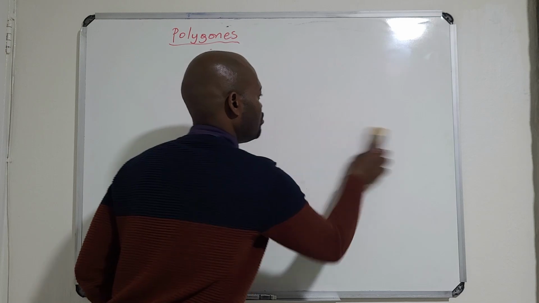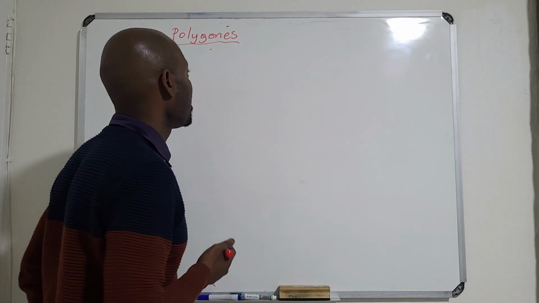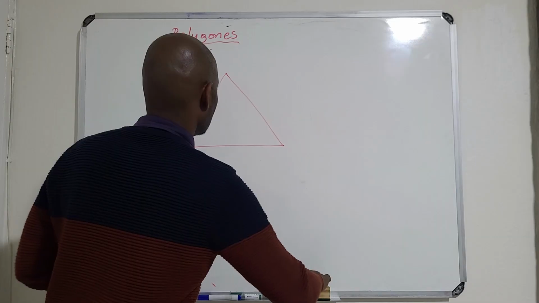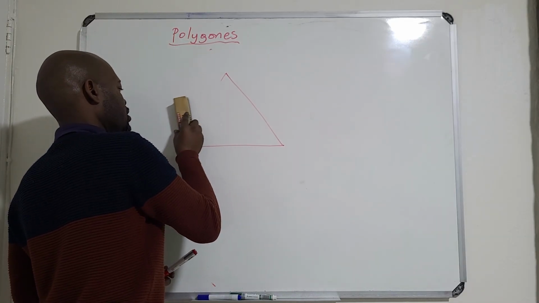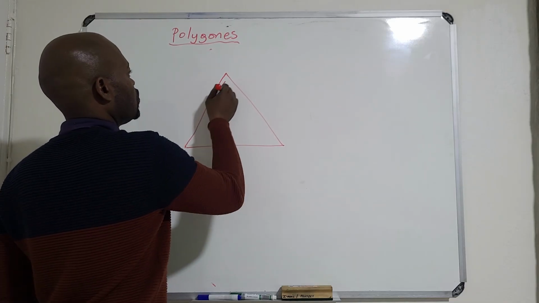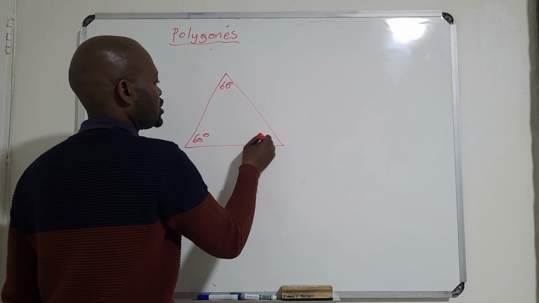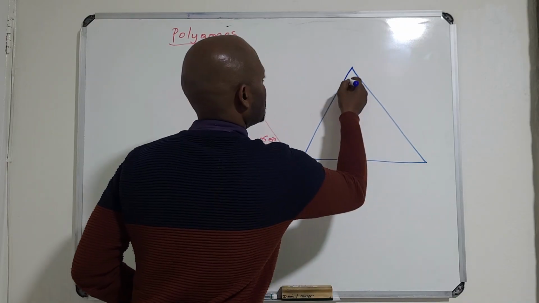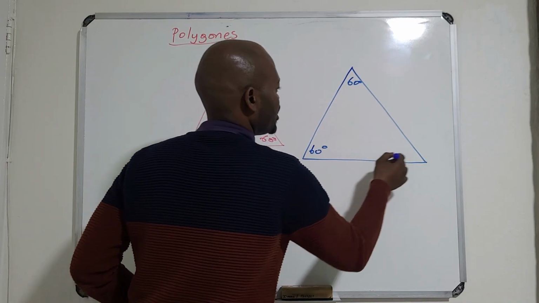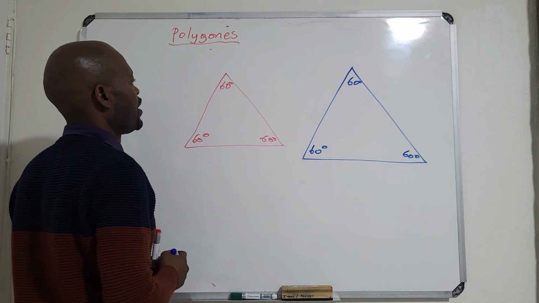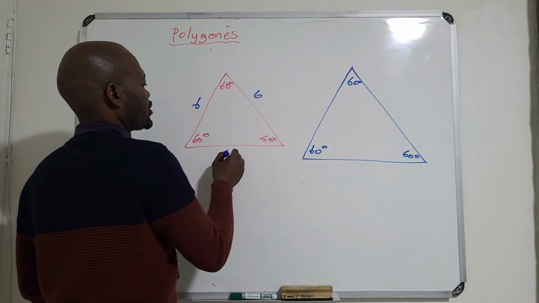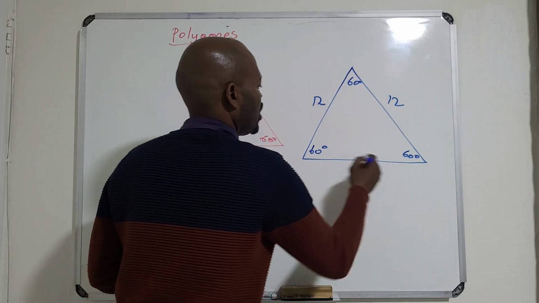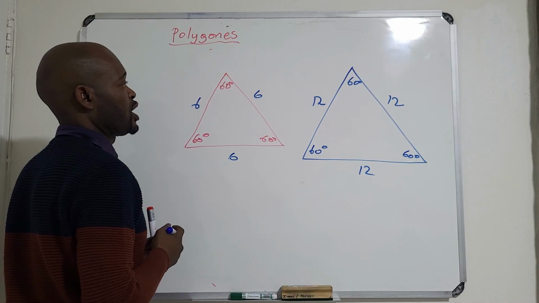Let's get more examples on similarity. If I have two equilateral triangles with 60 degrees there, 60 degrees there, 60 degrees there, and I have another equilateral triangle with 60 degrees there, 60 degrees there, 60 degrees there, and I have a 6 there, and obviously here I'm going to have probably a 12 there, because it's an equilateral triangle.